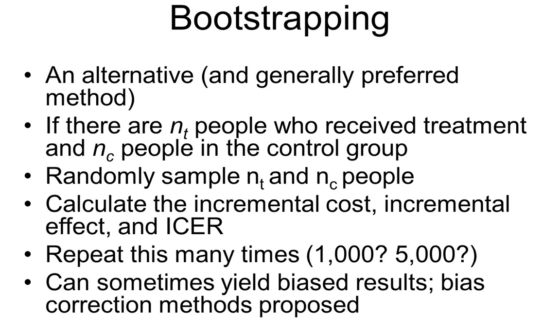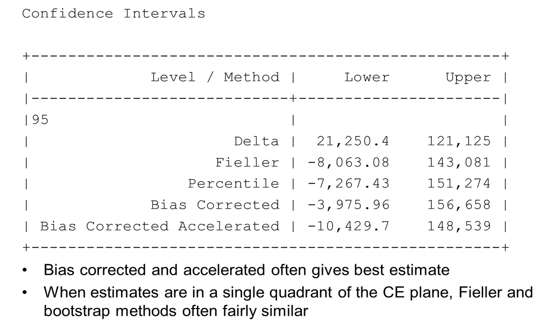For somewhat complex reasons, they can sometimes yield biased results, and there are some bias correction methods that have been proposed. Here, the last 3 rows in this table are estimates that are based on 5,000 bootstrapped samples: one using what's called the percentile method, then a bias-corrected method, and a bias-corrected and accelerated method.